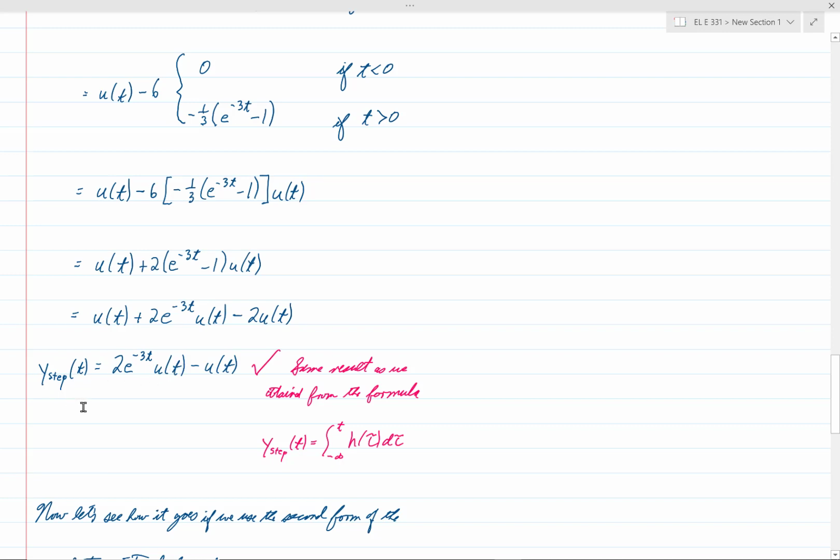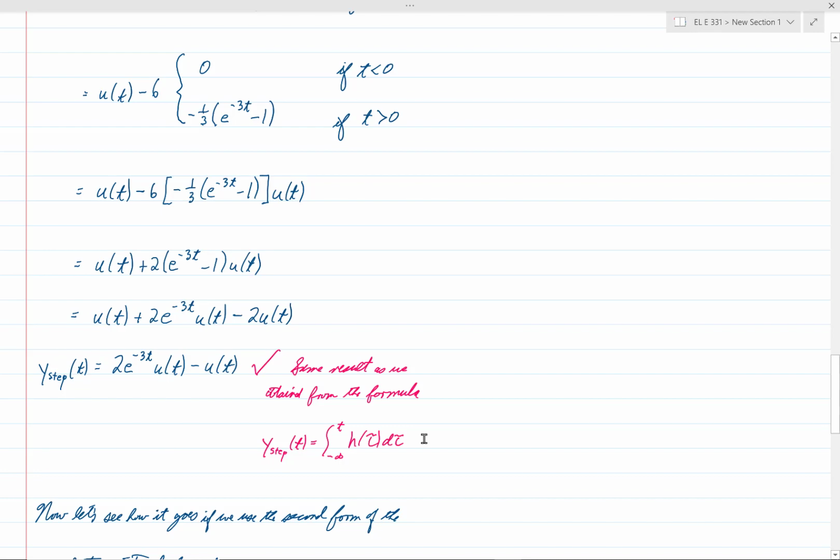And so we end up concluding that y step of t is 2e to the minus 3t u of t minus u of t, which of course is exactly the same result that we obtained using a totally different method before. We used the method y step of t. We just integrated the impulse response. There was no convolution at all.